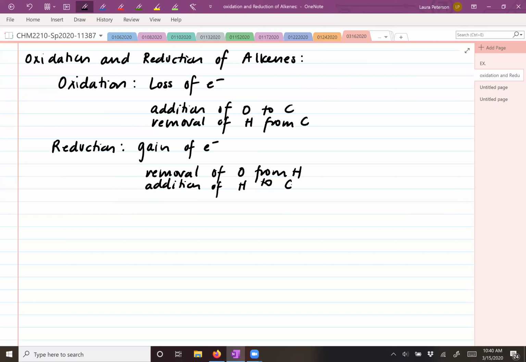Before we actually look at the specific reactions of alkenes, I want to just look at some generic reactions and try to think about if these are oxidations or reductions based on the criteria that we just set out. Our first example is this.